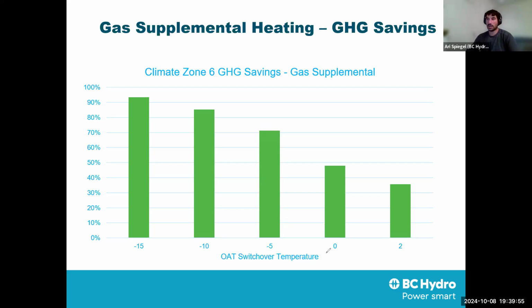And then those switchover temperatures tend to be closer to the zero mark. So it's a bit of an undersized heat pump. You're not getting as much emissions reduction, and you're still kind of reliant on your supplemental system.